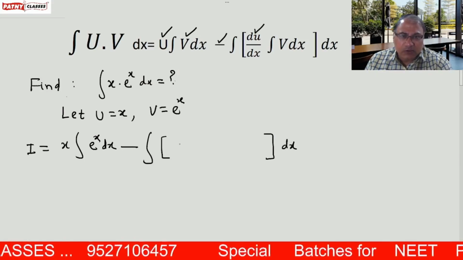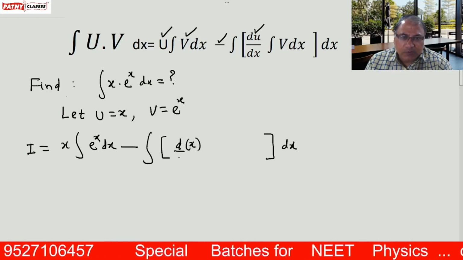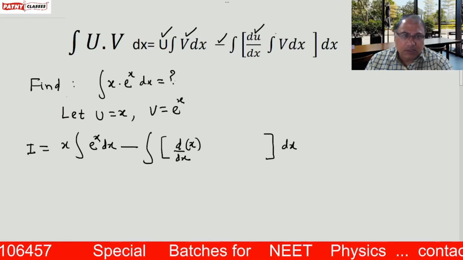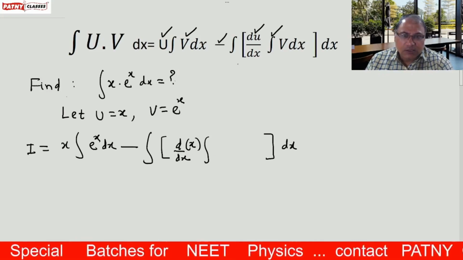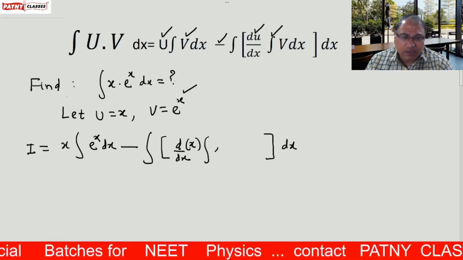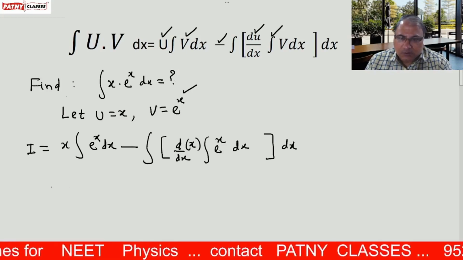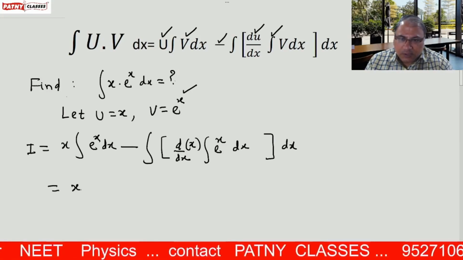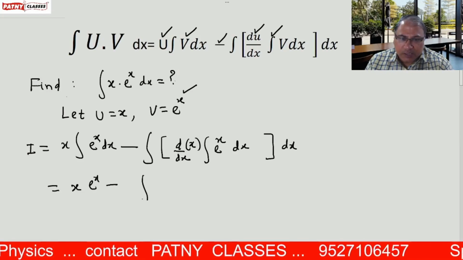Here is the du by dx, here is the derivative of x with respect to x, here is the integration, here is v, that is e raised to x dx. Integration of e raised to x is e raised to x, minus integration.